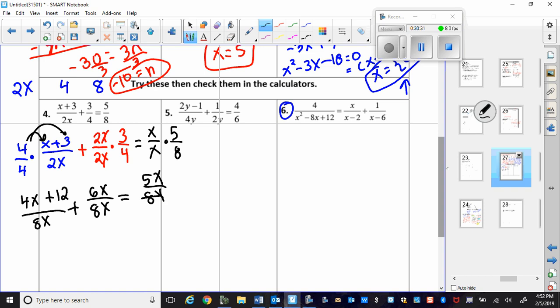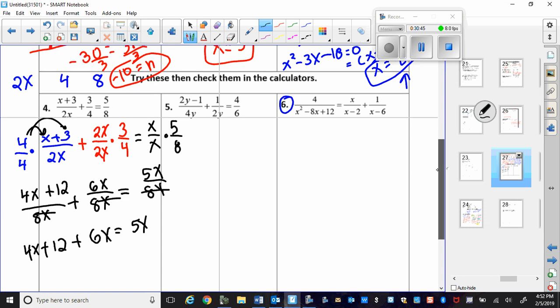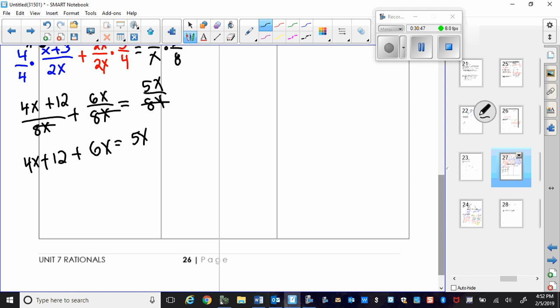Now, after that, these cancel. I'm left with 4x plus 12 plus 6x equals 5x.